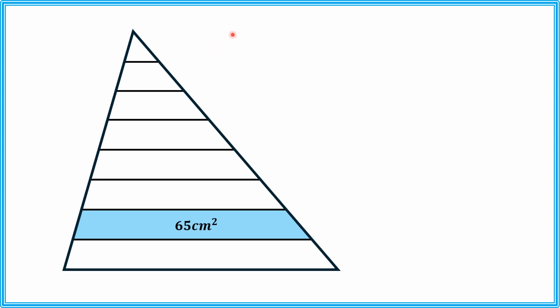First of all, we label this triangle as ABC and some other required points as P, Q, R, S, T and V. From here we can see that all these angles are similar, and moreover this angle A is the same for all triangles.